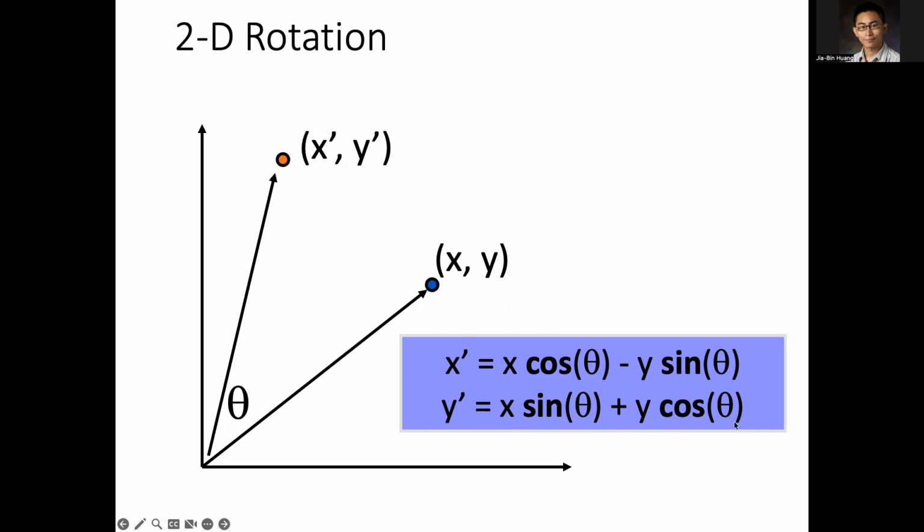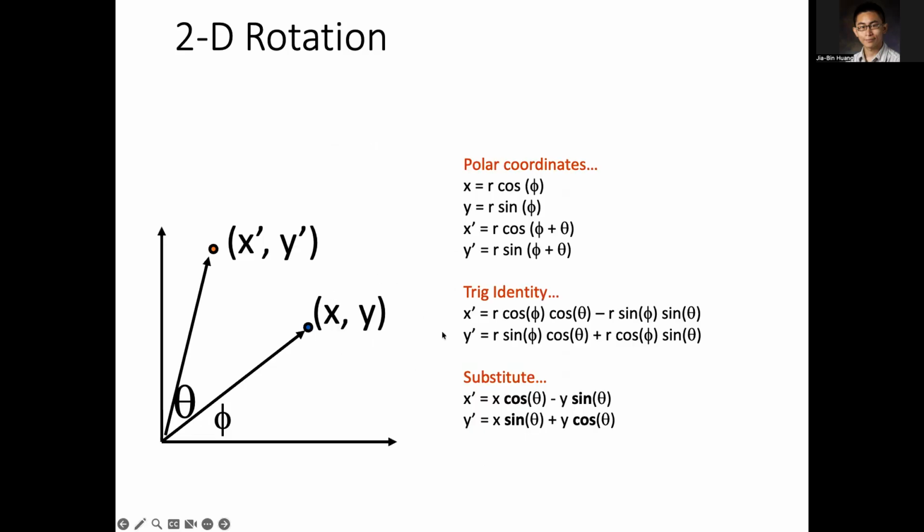There is a proof that this is true: express x and y in polar coordinates, where x is radius r times cosine phi and y is r times sine phi. Then x prime, y prime follows, and with some high school math you arrive at the solution.